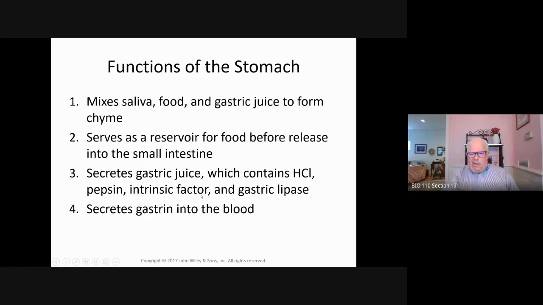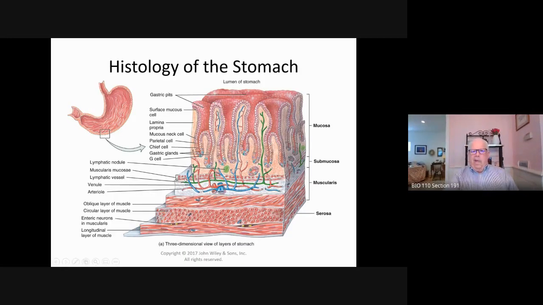The stomach also secretes a hormone called gastrin. There are many cells in the stomach that are extremely important. And the next slide talks about these cells. But the cells are the mucus cells, the parietal cells, the chief cells, and the G cells.